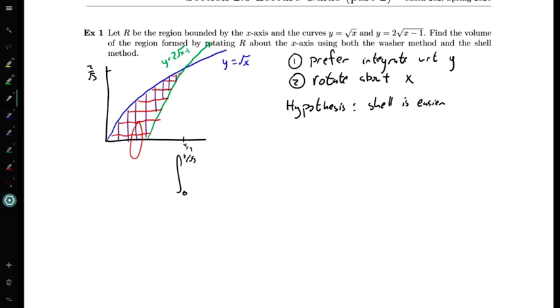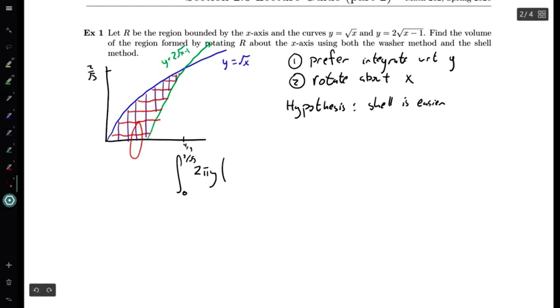What we're integrating here is the surface area function of each of the shells. The shells themselves have radius y, so the circumference of the shell is 2 pi y. We need to multiply that by the height. The height is the difference between the x values on the green curve and the blue curve. So we can go about solving for the x values.